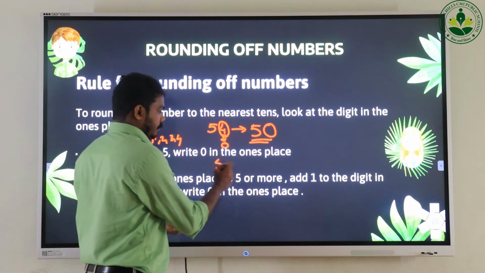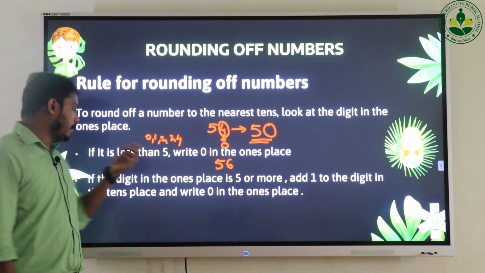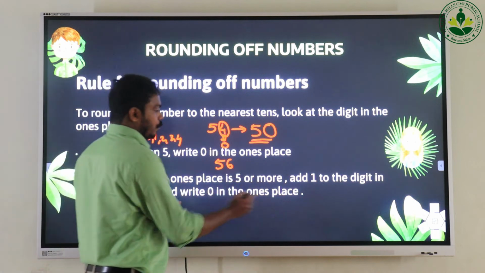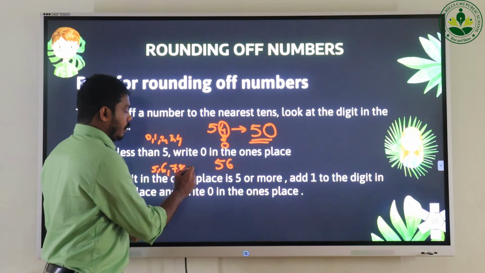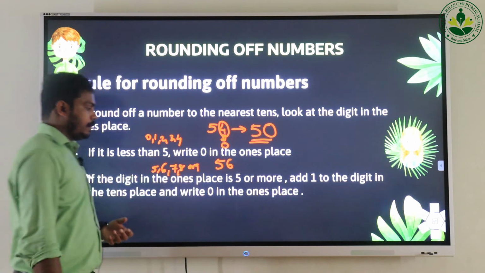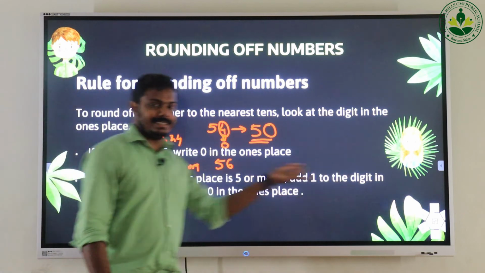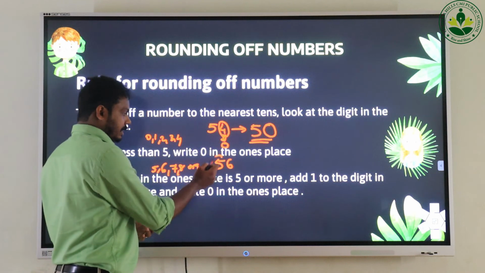Then the second case: if the digit in the ones place is 5 or more, for example 56, we need to round off 56 to the nearest 10. If the ones place digit is 5, 6, 7, 8 or 9, add 1 to the digit in the tens place.